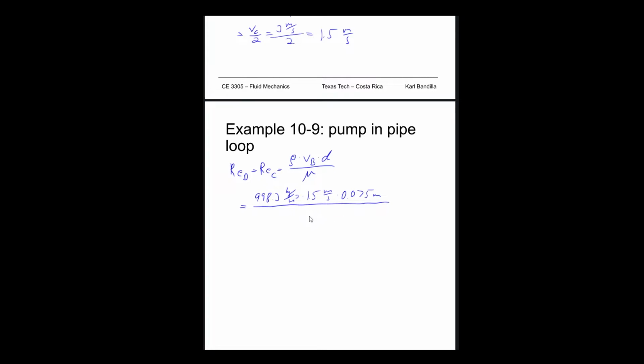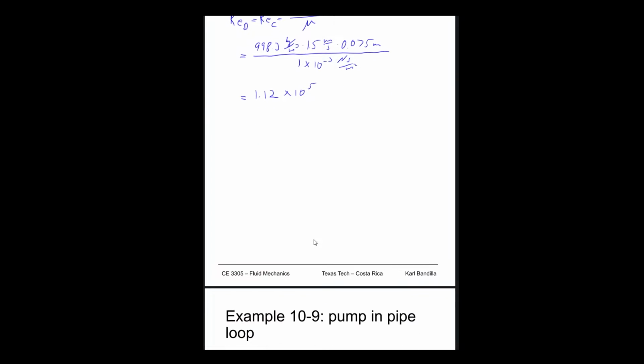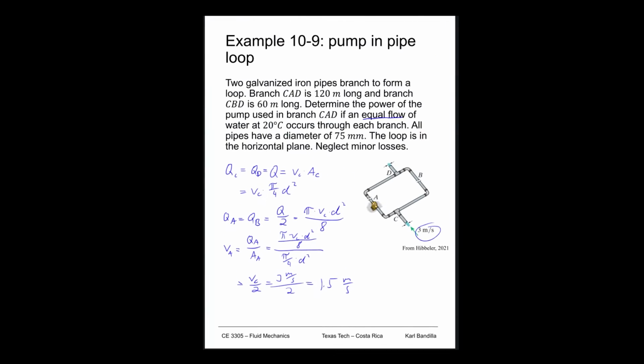And we divide that by the viscosity, 1 times 10 to the minus 3 Newton second per meter squared. That gives us a Reynolds number of 1.12 times 10 to the 5, which means we're definitely in turbulent territory.